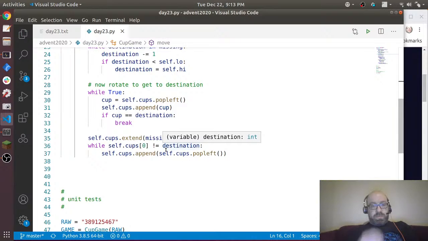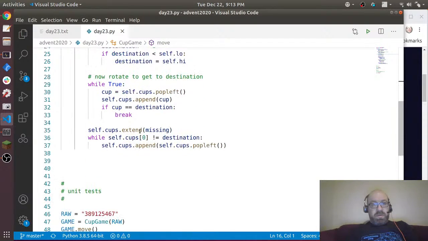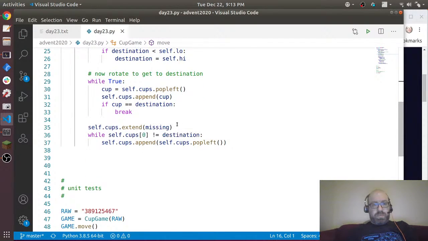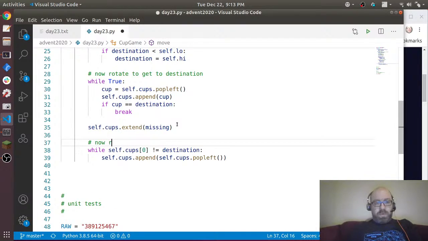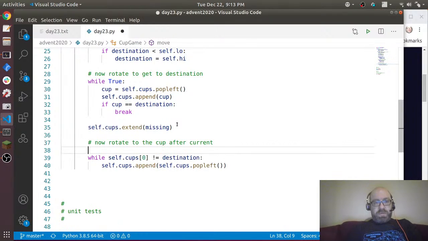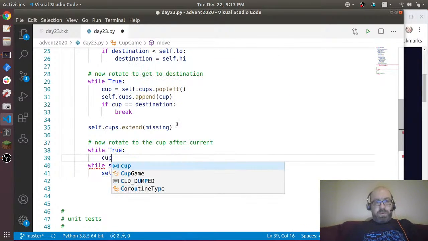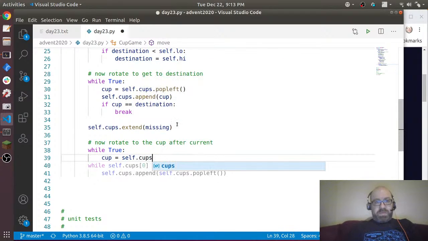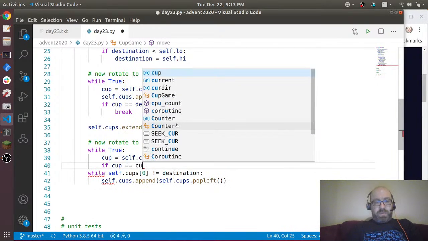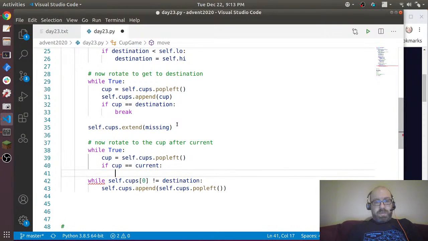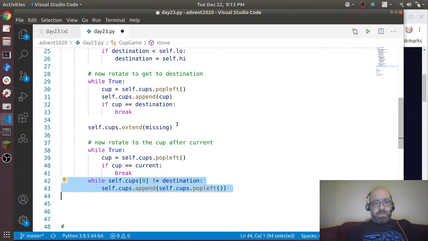Okay, now rotate to the cup after current. So again, while True, cup equals self.cups.popleft(). If cup equals current, break.